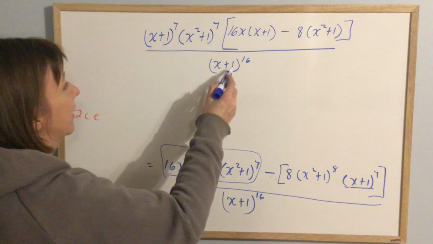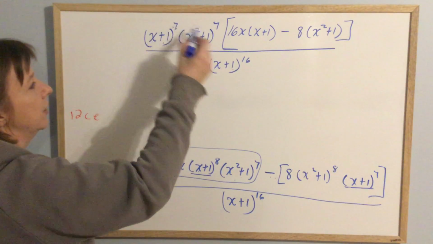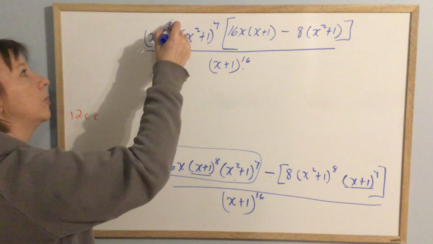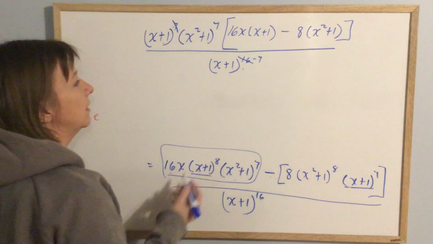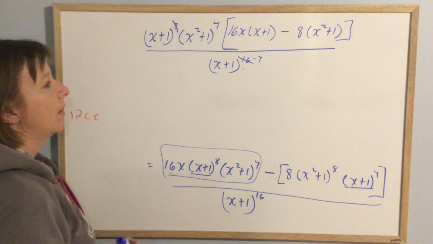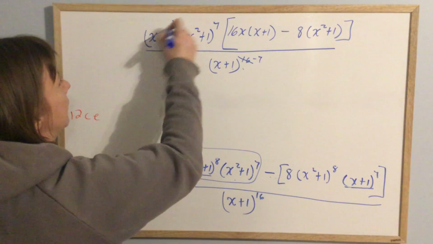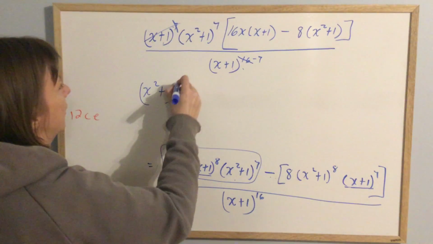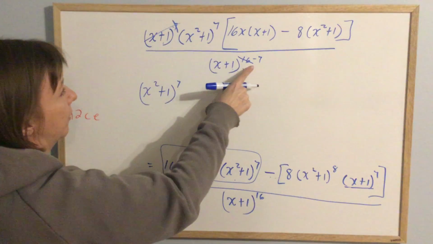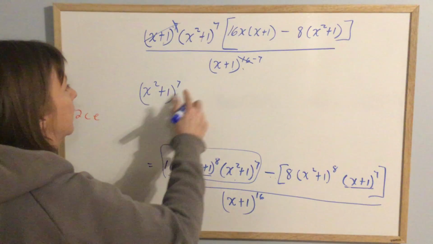Now, (x plus 1) to the 16th, (x plus 1) to the 7th. I have 7 of them up here, I have 16 of them down here. So if I cancel 7 of them, 16 take away those 7 would be 9. So I've gotten rid of all of those. I have (x squared plus 1) to the 7th because I canceled 7 of those with 7 of these down here, so I just have those left.